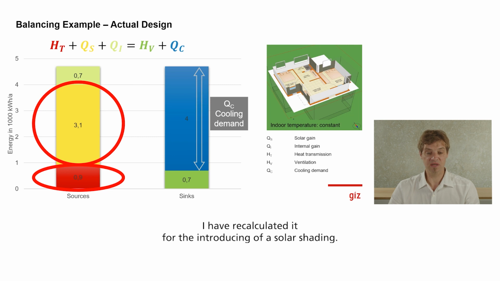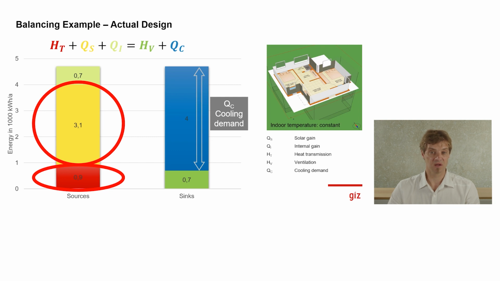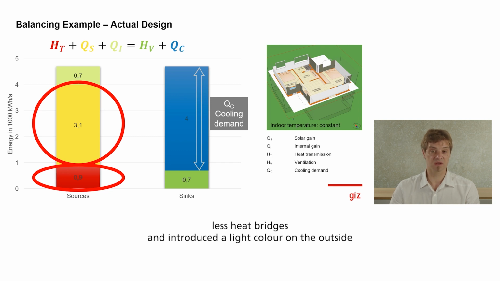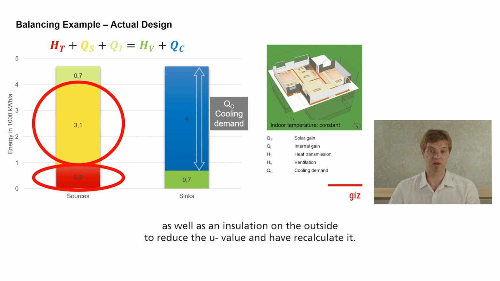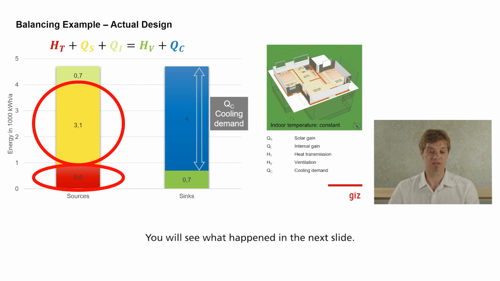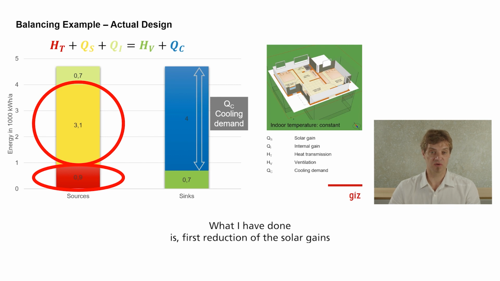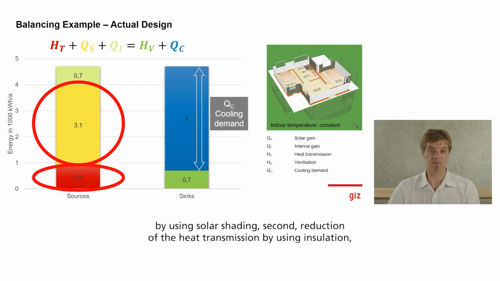I have recalculated it for the solar, introducing a solar shading. I have also recalculated it using less heat bridges and introducing a light color on the outside and also an insulation on the outside to reduce this, and have recalculated it, and you will see what happens in the next slide. So what I have done is first reduction of the solar gains by using solar shading.